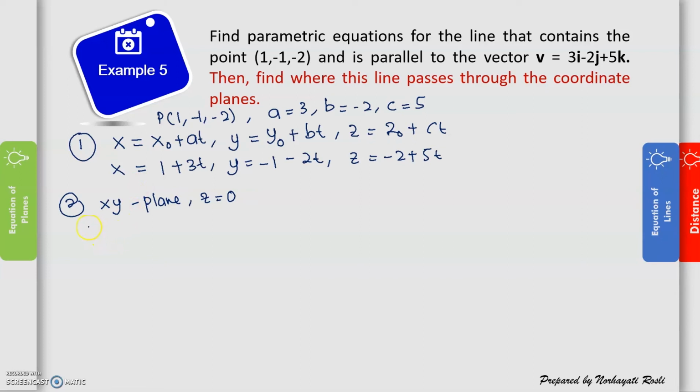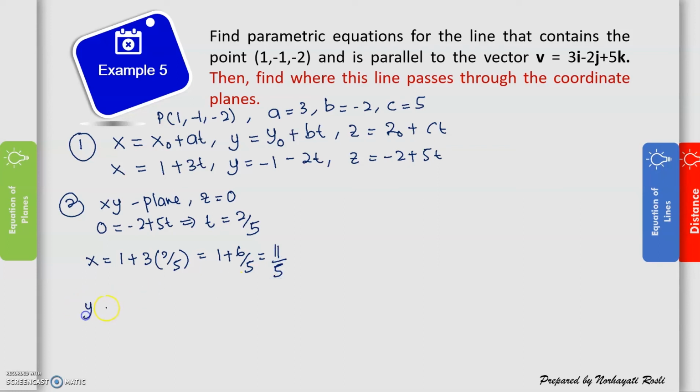In this case, for z we have 0 equal to negative 2 plus 5t, which means that t is equal to 2 over 5. When we substitute in x, we have x equal to 1 plus 3 times 2 over 5, which is 1 plus 6 over 5, so you will have 11 over 5.